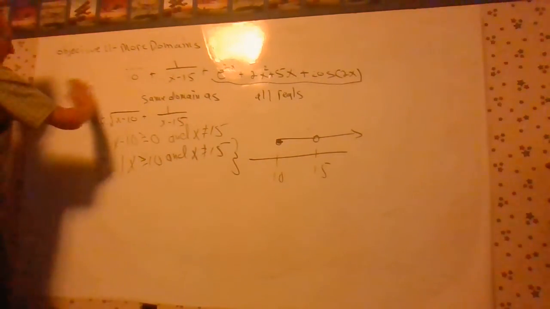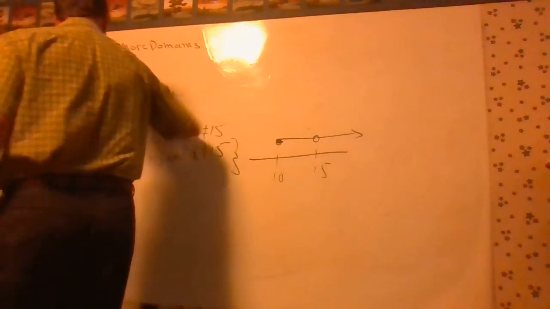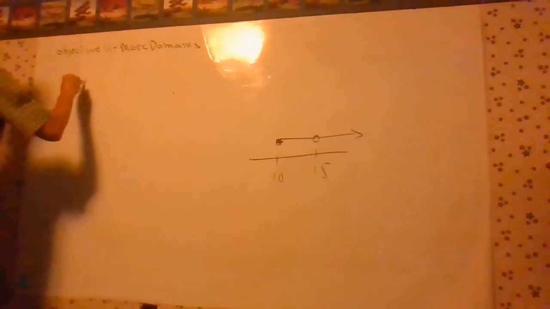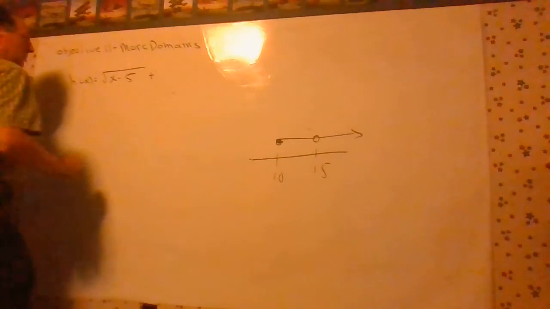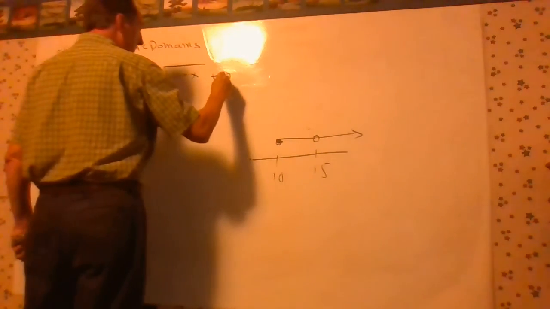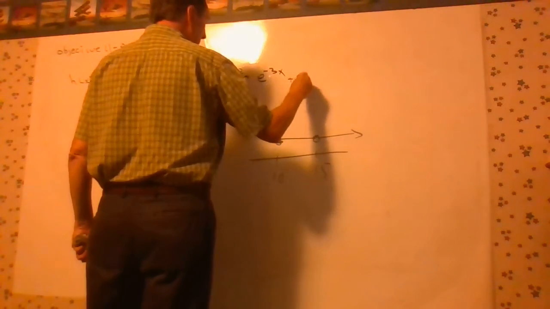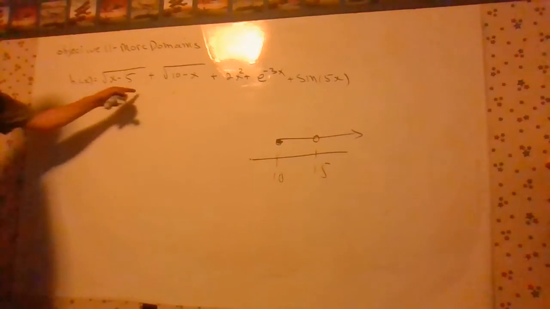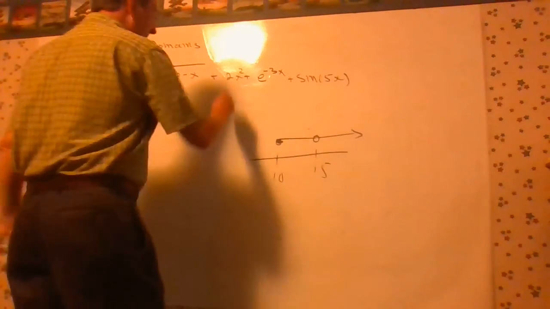Let's look at another example. So we have square root of x minus 5 plus square root of 10 minus x plus 2x squared plus e to the negative 3x plus sine 5x.